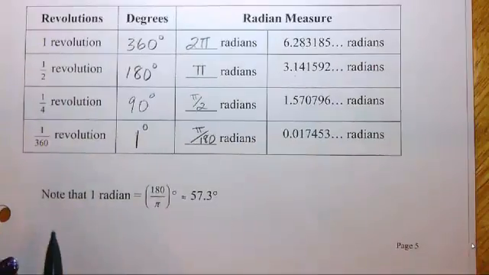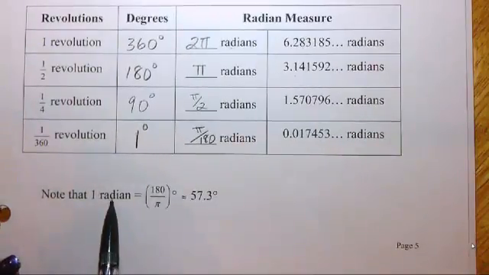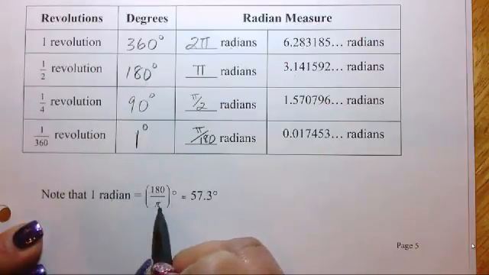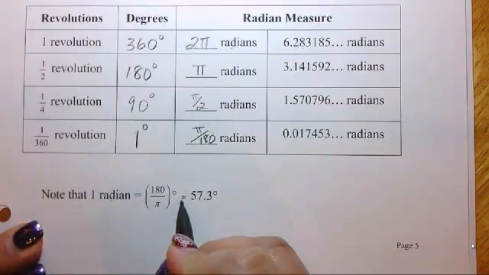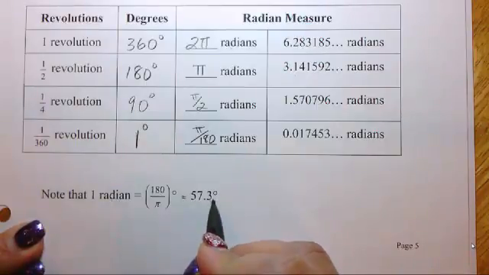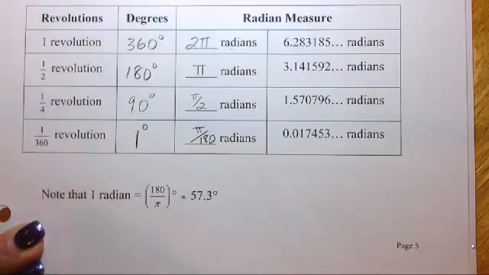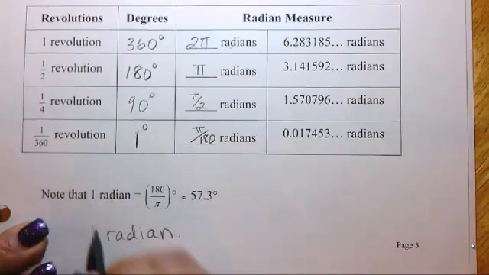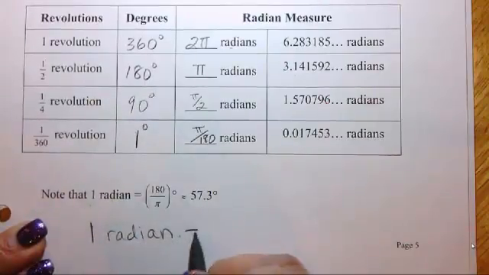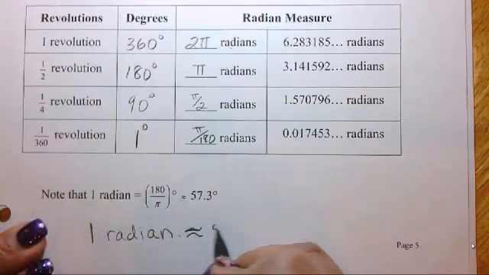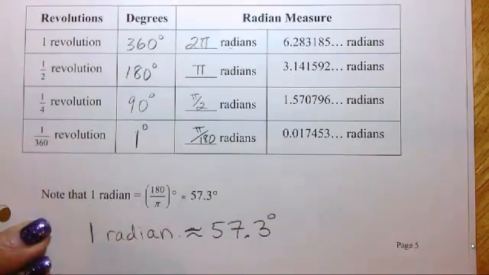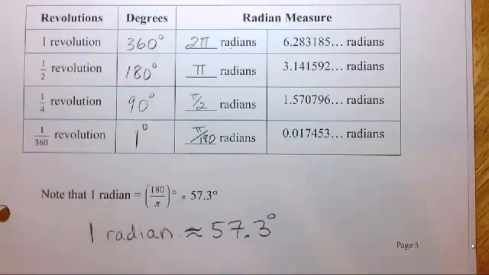So I want you to make note that 1 radian is equal to 180 over pi degrees. And that is approximately 57.3 degrees. So 1 radian, that's a unit measure, that's a measurement, is approximately equal to 57.3 degrees. So we're going to be talking about radians now.